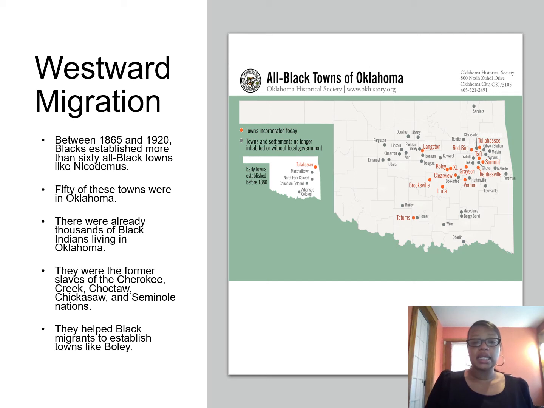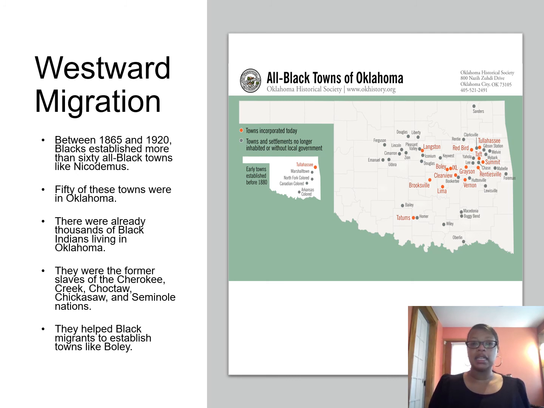Between 1865 and 1920, Black people established more than 60 all-Black towns like Nicodemus, Kansas. 50 of these towns were in Oklahoma. So you have thousands of Blacks from the South migrating to Oklahoma. But there were already thousands of Black people living in Oklahoma, and these were Black Indians.